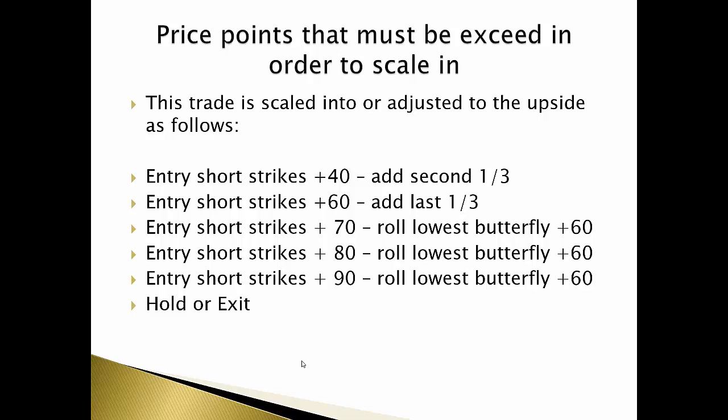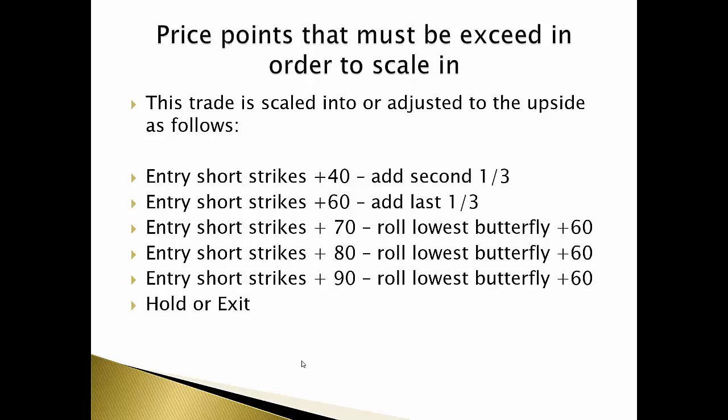So in our last example, we entered with our short strikes when the Russell equals 1,000. If the Russell goes to 1,040, we're going to add our second third, or our second butterfly in, 20 points higher. If the market goes to 1,060, we're going to enter our last third.